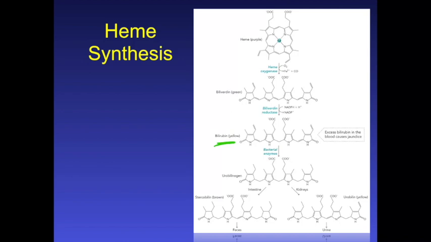If heme's being broken down, that means your red blood cells are being broken down, and that may or may not be a good thing. If your red blood cells are being turned over very highly, a higher level of bilirubin in your bloodstream might indicate that there's something bad going on. So this is something that is in one of the normal blood tests.